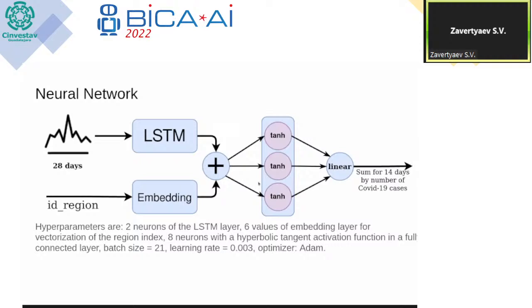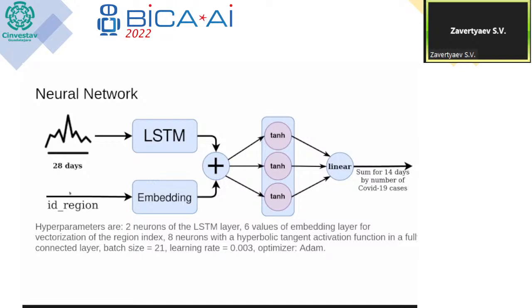The neural network that we use looks like this. It takes as input all samples from the training part. They are split with a moving window of 28 days, and for output it's 14 days.